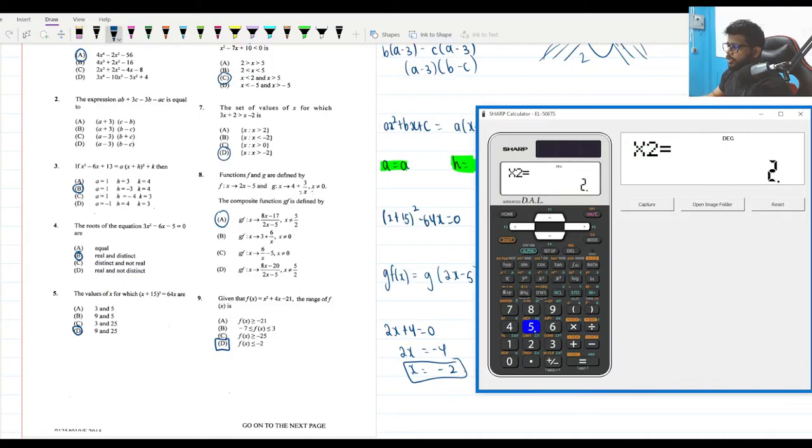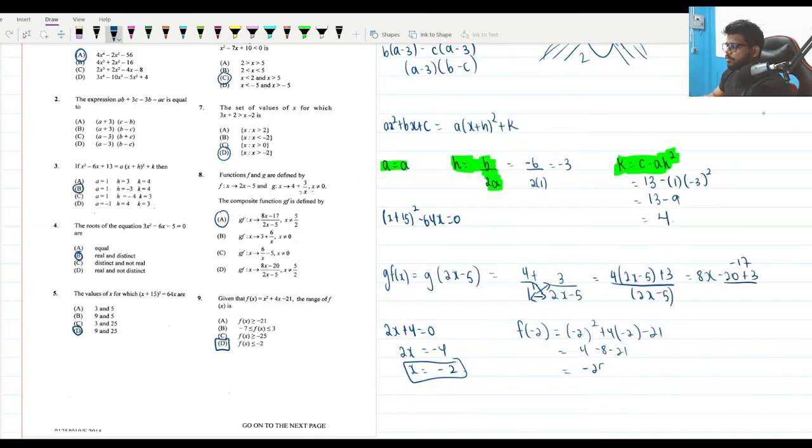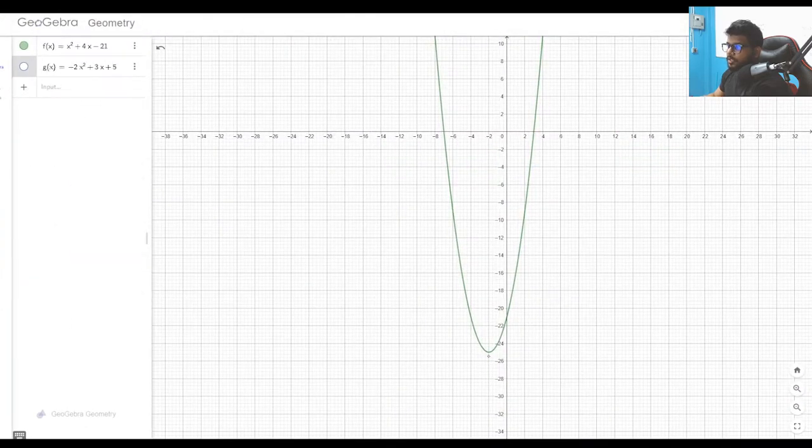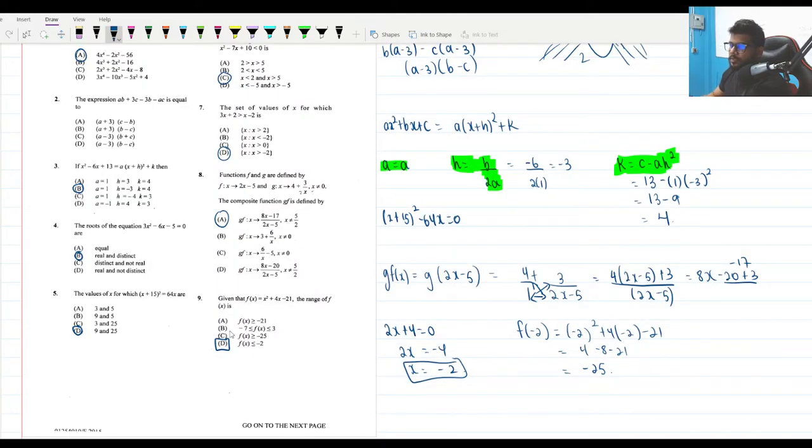I double check. 4 minus 8 minus 21 is minus 25. So based on the graph, the function exists from minus 25 upwards. So f of x will be greater than or equal to minus 25.